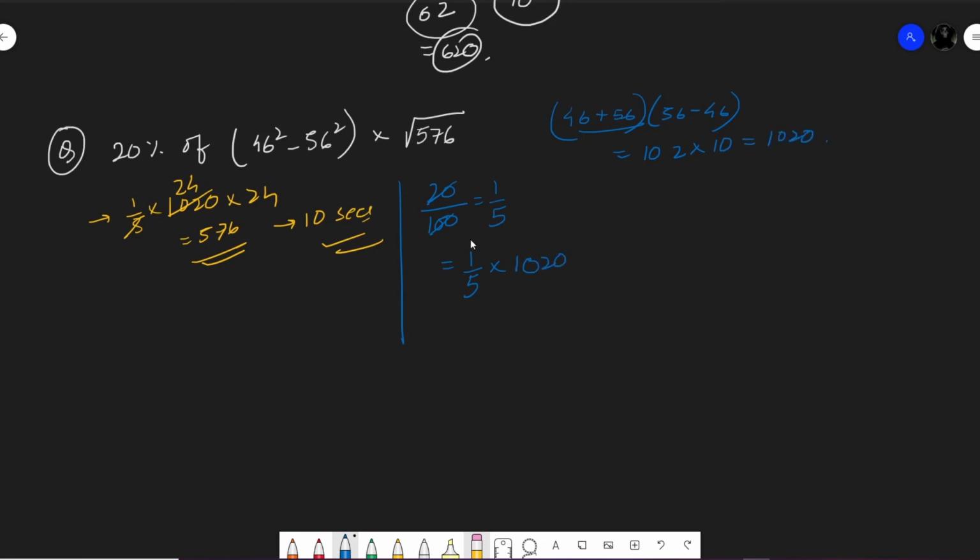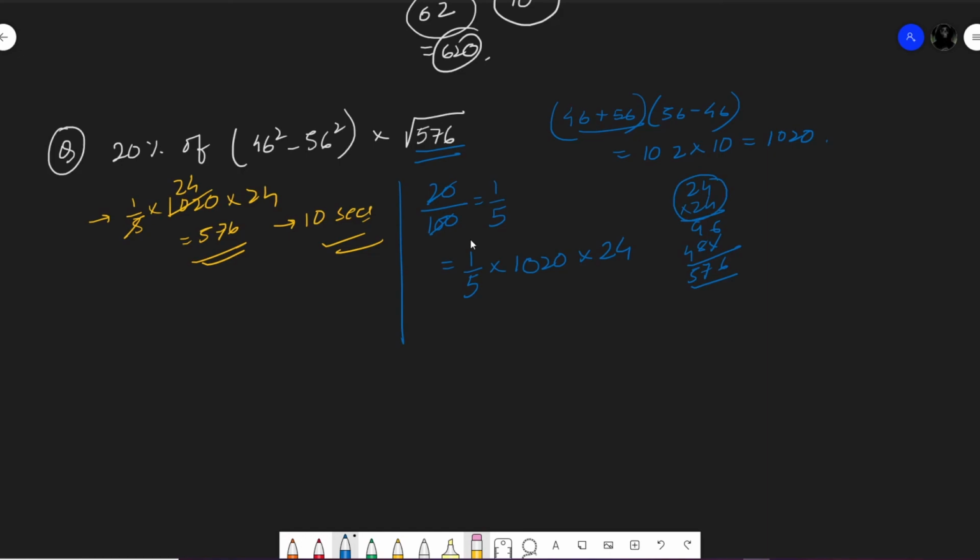So I'm writing it as 1020, and I guess you know that the square root of 576 is 24, right? So 24 square: 4 into 4 is 16, and 4 into 2 is 8, so 9, and 2 8, and here 4, right? So 6 7 5, right?